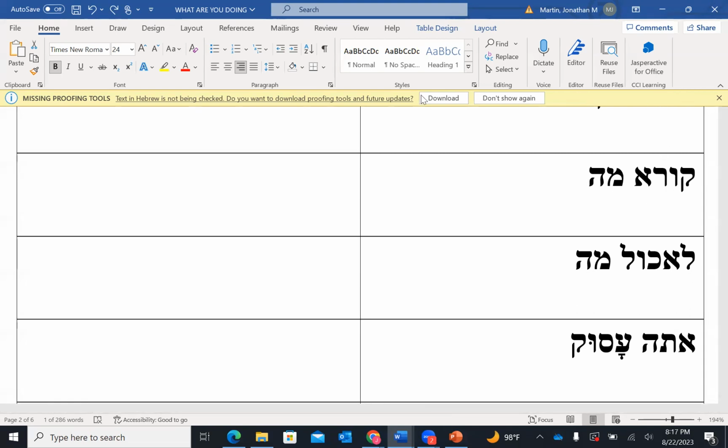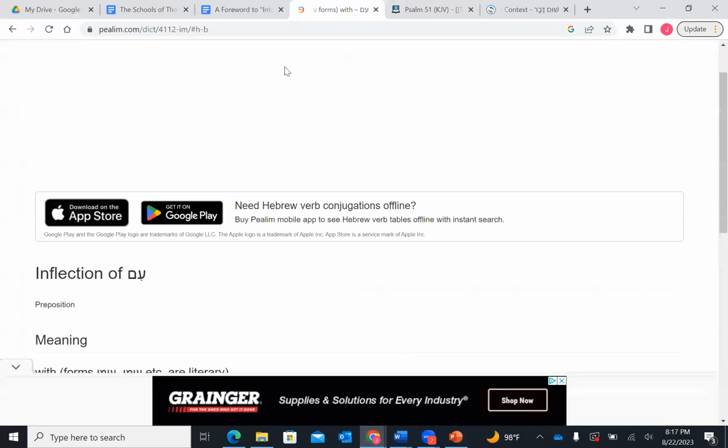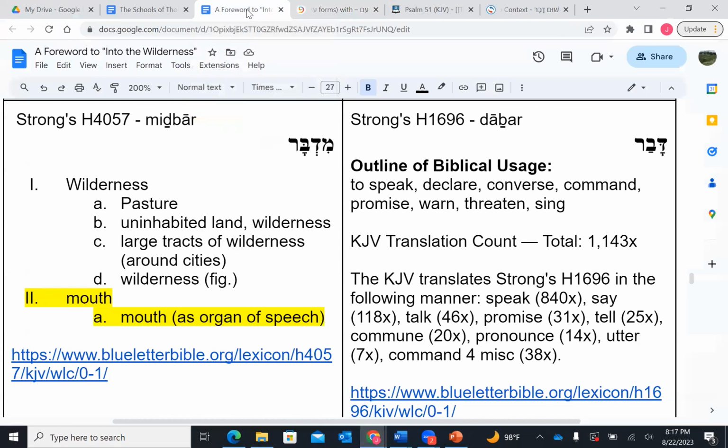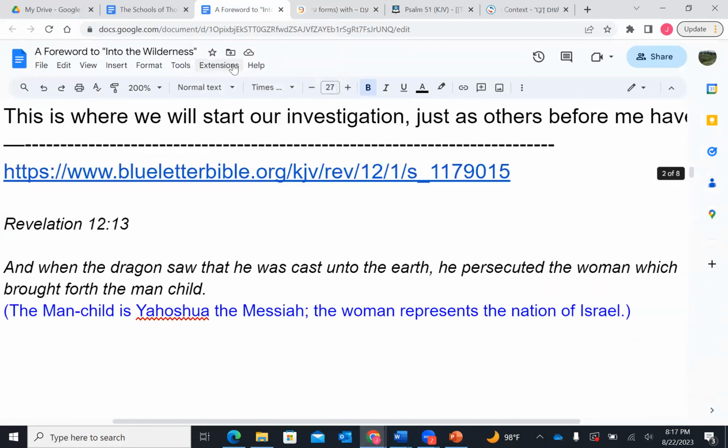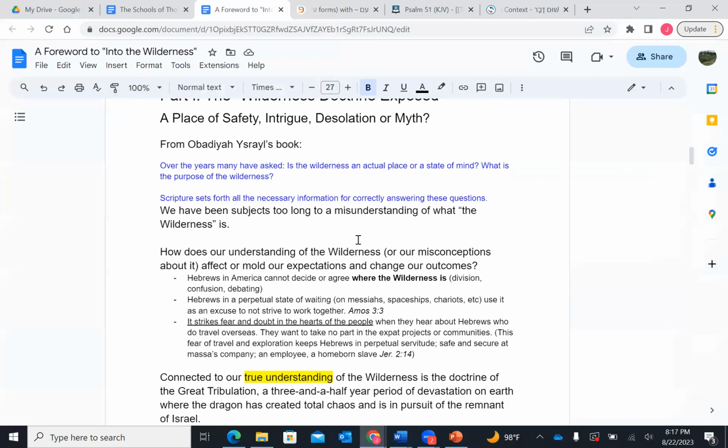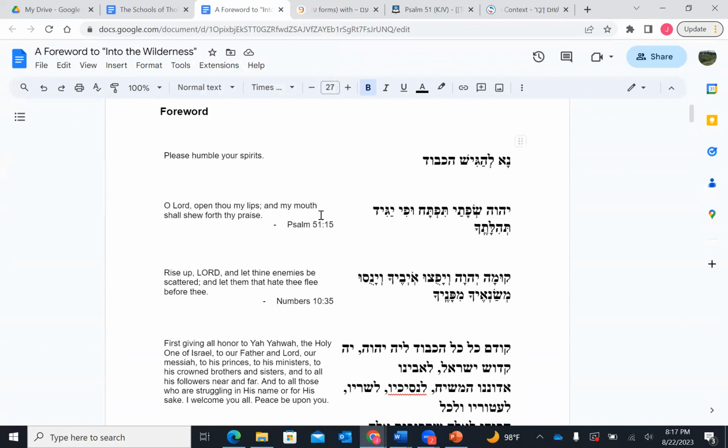I'm going to send 3 documents out. I'm going to send this worksheet out, number 1. Number 2, I'm going to send this out because this is my Shabbat lesson. So if you're interested in what I was talking about, all the links are there and everything. It has the divine salutation in the beginning.